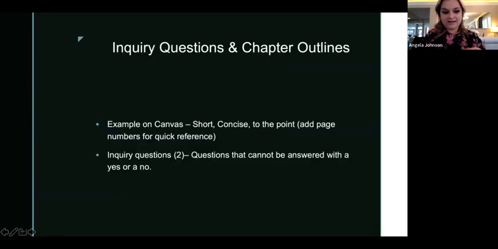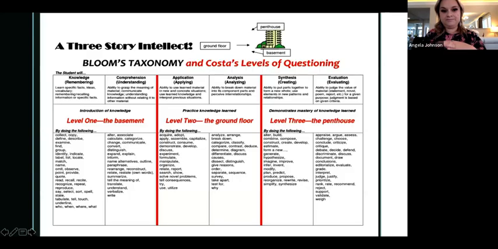Right here, at the end, on the right side of your screen: create a chart comparing authentic assessment and traditional assessment. So when you're creating your inquiry questions, you can make them high level. This graph that I have on our screen, you can take a screenshot of with your phone or your computer.